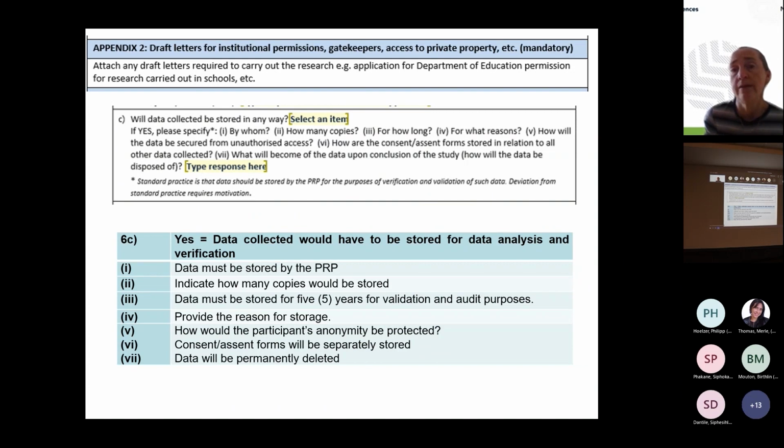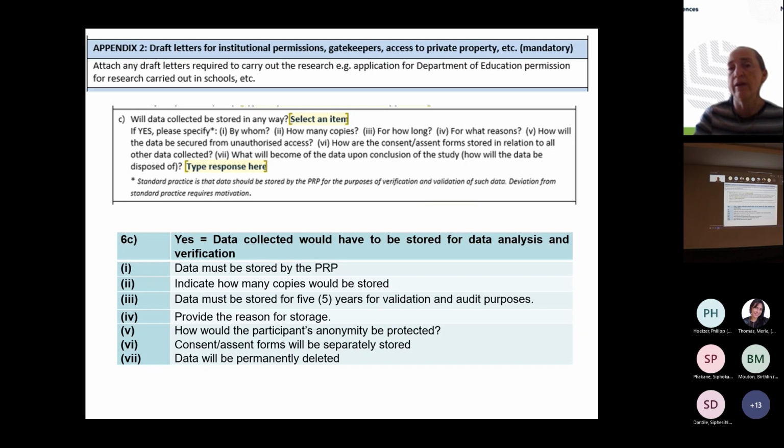How are the consent and assent forms stored in relation to the other data collected? Why is this important? Because if we separate our data forms, such as a questionnaire or survey, from our consent forms, there may still be an identifier, a code that we've used to link the two.